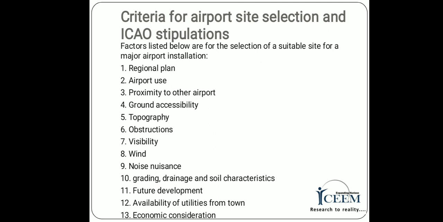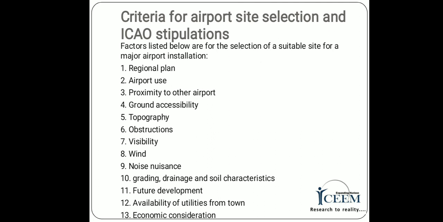The factors listed below are for the selection of a suitable site for a major airport installation: regional plan, airport use, proximity to other airports, ground accessibility, topography, obstruction, visibility, wind, noise, grading, drainage and soil characteristics, future development, availability of utilities from town, and the last one is economic consideration.